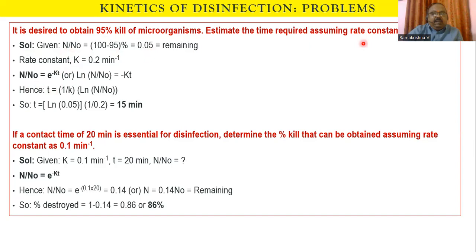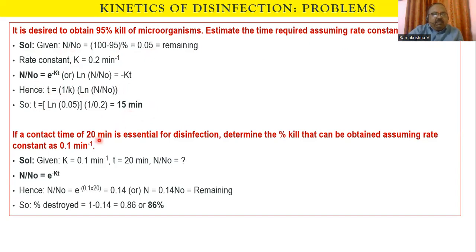So k is given here 0.2 per minute, and substitute here and then calculate the value of t, 15 minutes. So that means when the reaction rate is progressing at 0.2 per minute, to achieve 95% of kill, you require a contact time of 15 minutes.